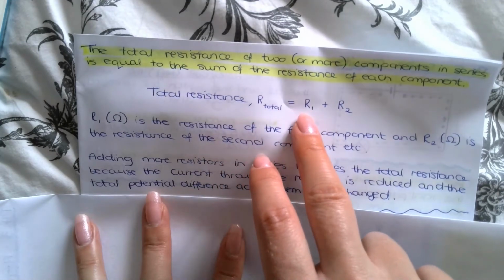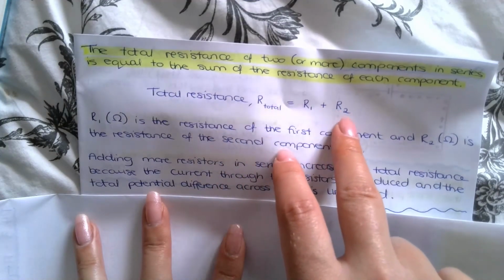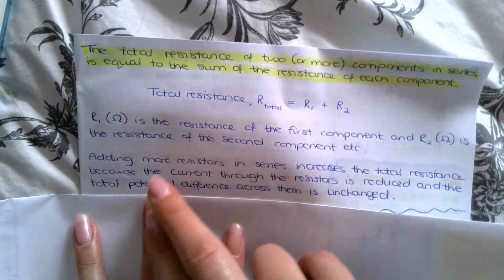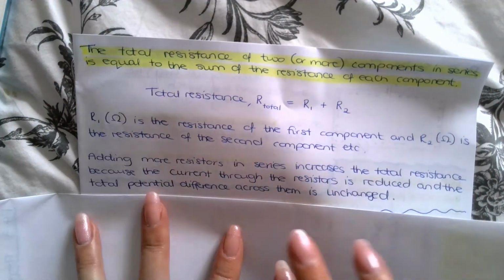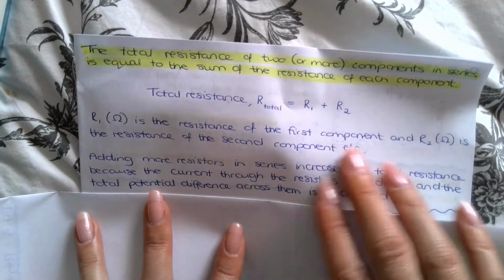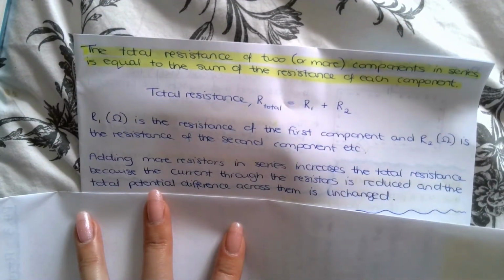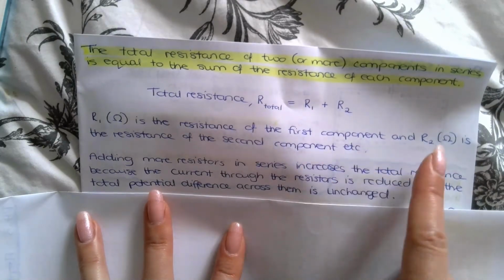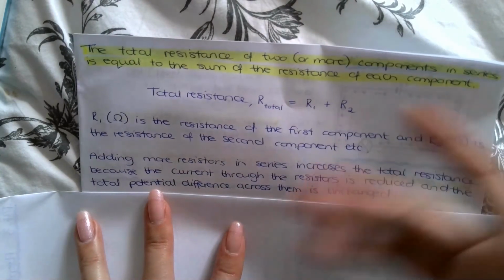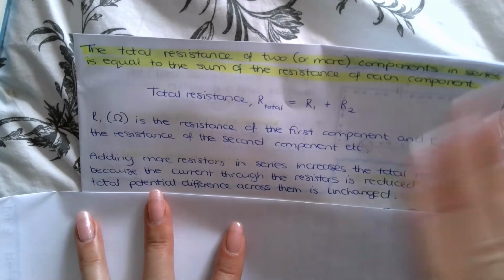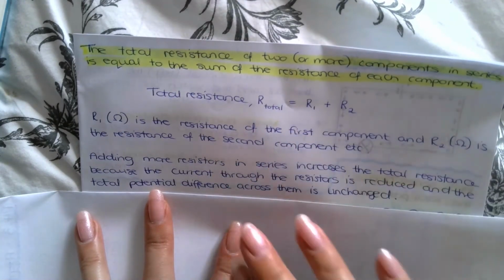R1 is the resistance of component 1, R2 the resistance of component 2, etc., depending on how many you've got. R1, measured in ohms, is the resistance of the first component, the first component you come to as you go round the series circuit. And R2 is the resistance of the second component, etc. You might have 4 or 5 or 6 components, and they'll just be R1, R2, etc.